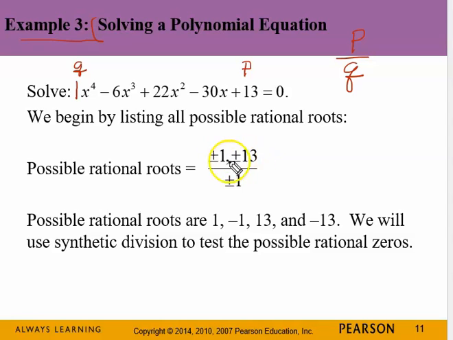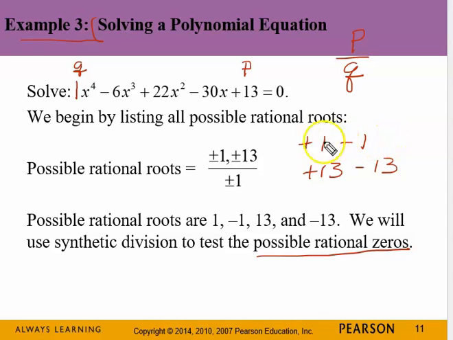I would write it the other way, but let's follow it this way, over 1. So what are our potential rational zeros? Well, it's going to be plus 1, minus 1, plus 13, and minus 13.